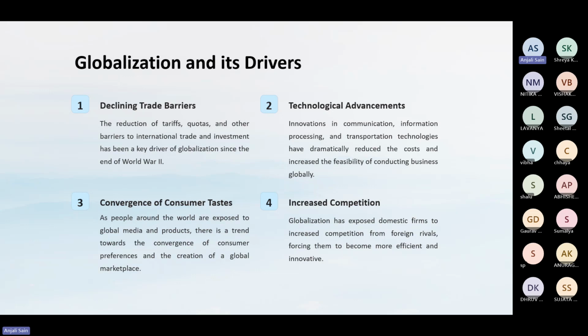Then there is the convergence of consumer taste. इसमें क्या है? As the people around the world are exposed to global media and products, there is a trend towards the convergence of consumer preferences.